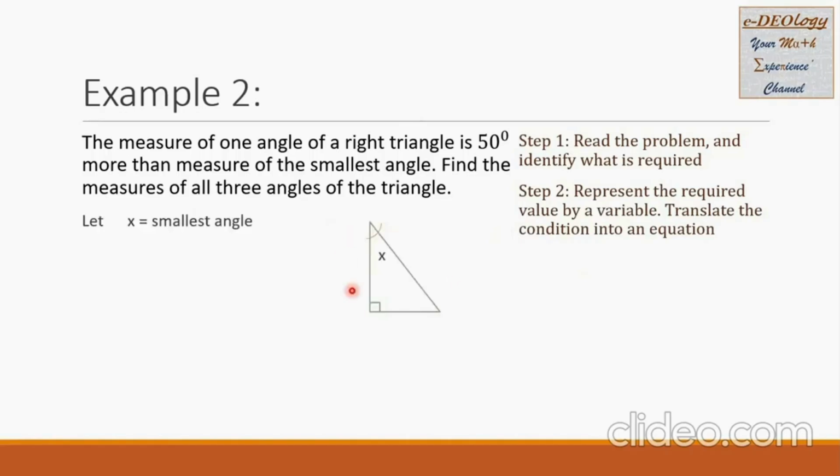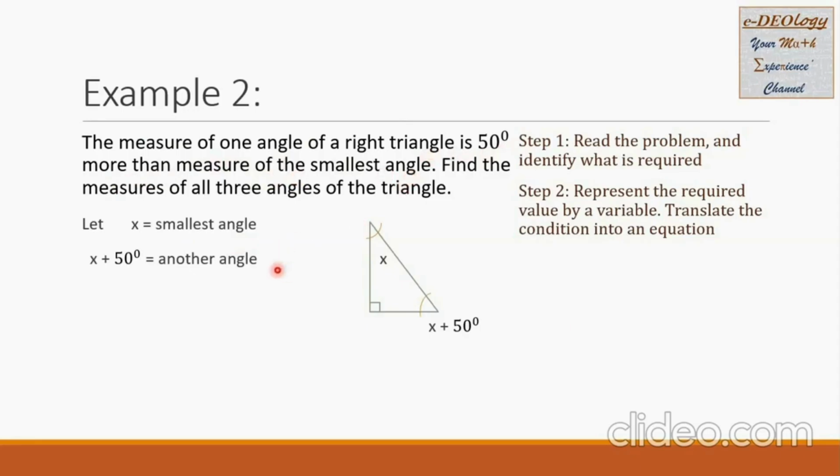First, let us draw a right triangle here. Let us get one angle. We will name this as x. So in here it says we let x to be the smallest angle. And then the first condition says the measure of one angle of a right triangle is 50 more than measure of the smallest angle.